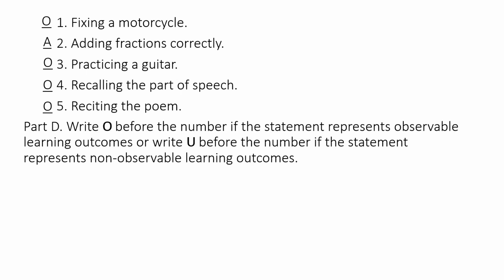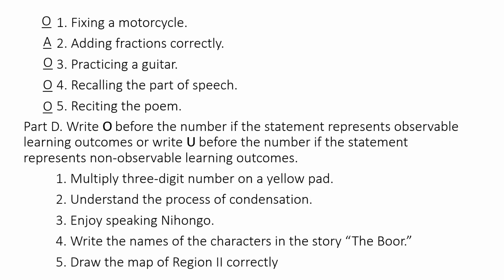Next, part D. In part D, write O before the number if the statement represents observable learning outcomes, or write U before the number if the statement represents non-observable learning outcomes. Here are the questions. Number 1, multiply 3-digit numbers on a yellow pad.